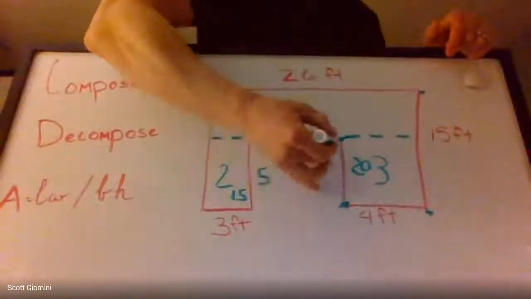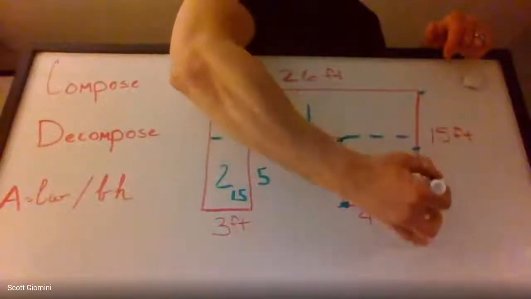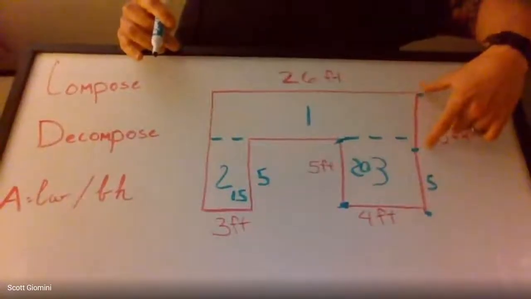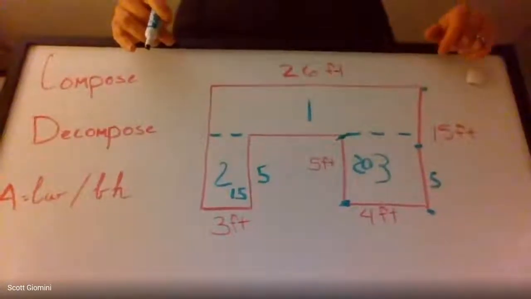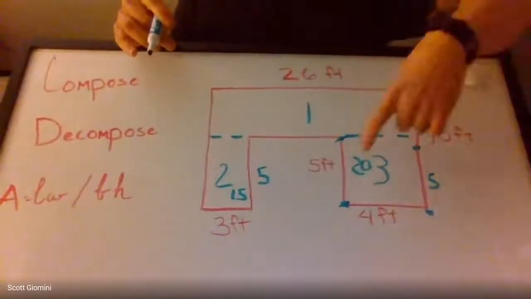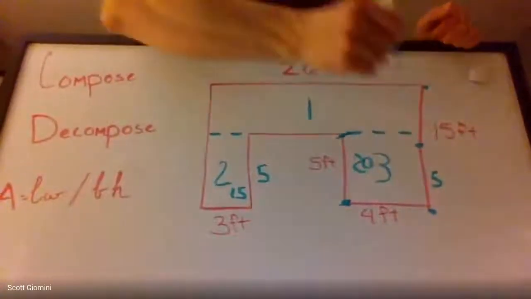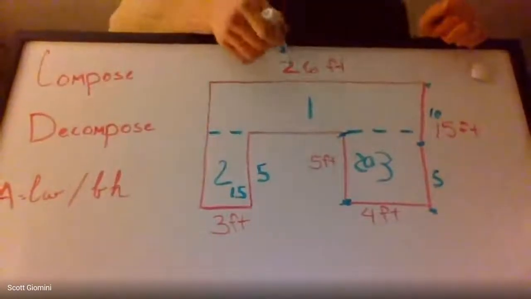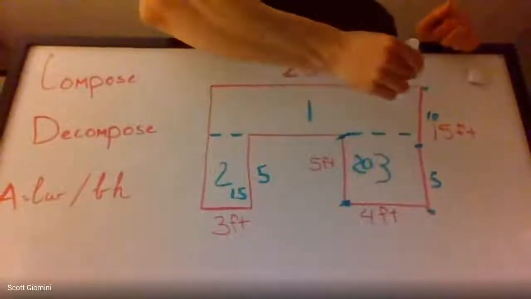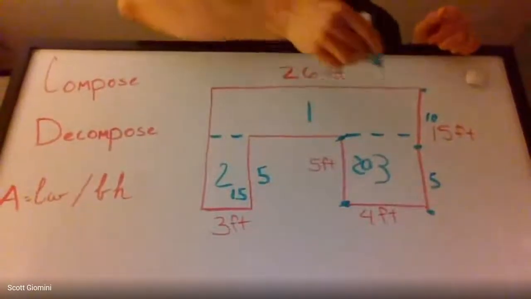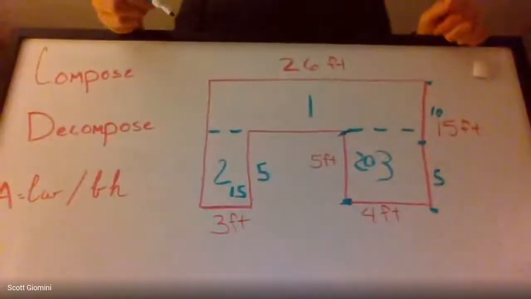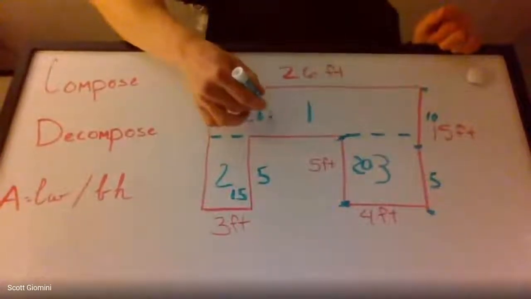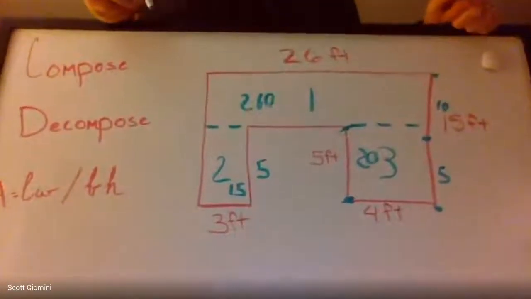That means this space here, although proportionally it doesn't look like it would be, I just take that 15 minus the 5. 15 minus 5 gives me 10. Now, I know that this is 26, and this is 10. Length times width. 26 times 10 gives me an area of 260.